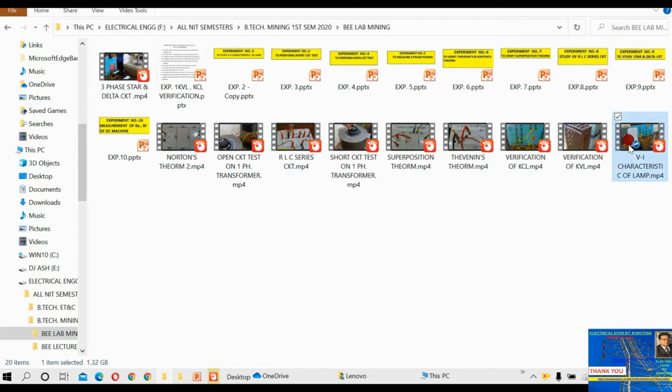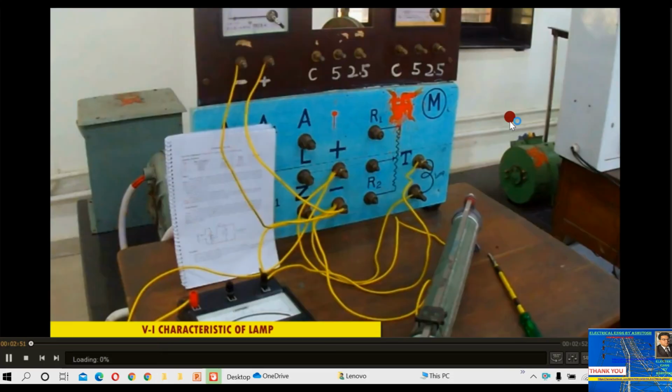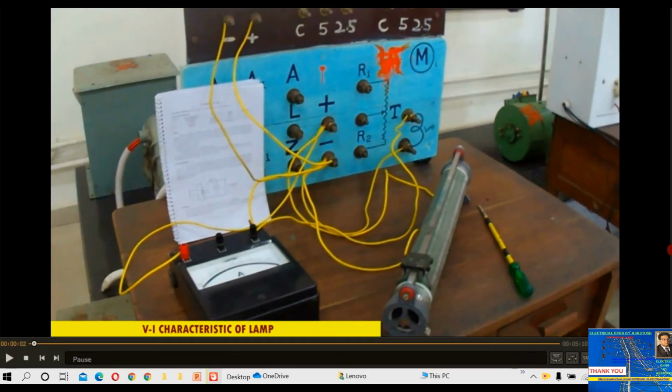So this is the experiment setup for the VI characteristics of an incandescent lamp. Here is the rheostat, through which the DC supply voltage is varied.